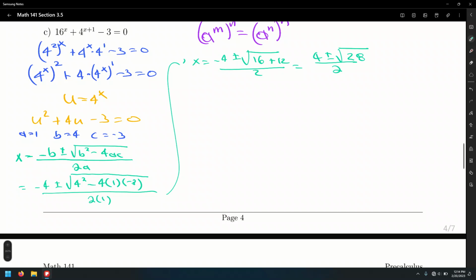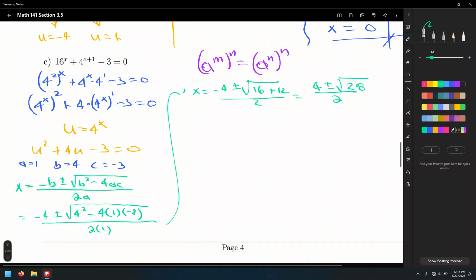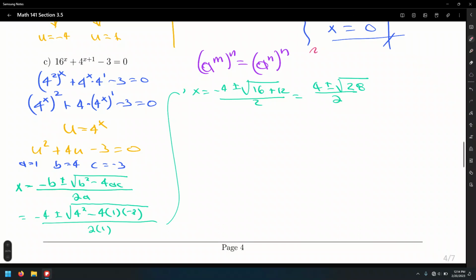So that square root of 28, we'd better simplify that by using one of the properties of radicals. The square root of a times b is the square root of a times the square root of b. For our particular case, the square root of 28, we can factor out the number 28 as a perfect square times whatever number.